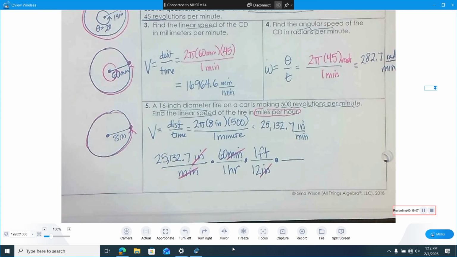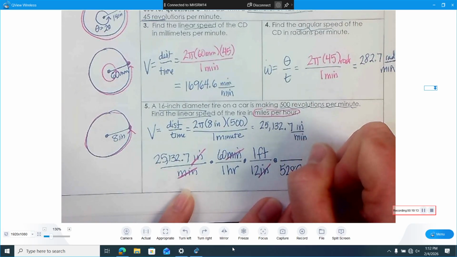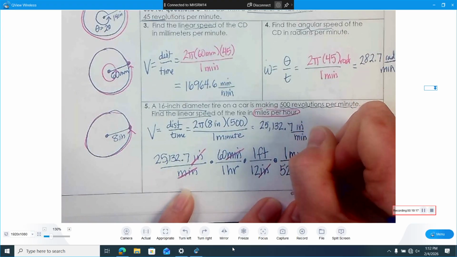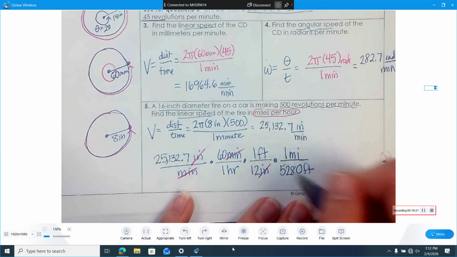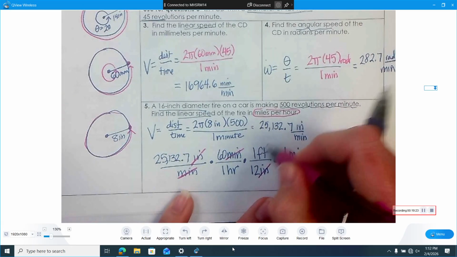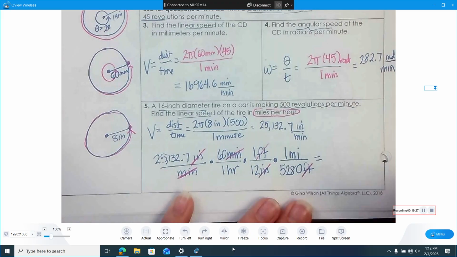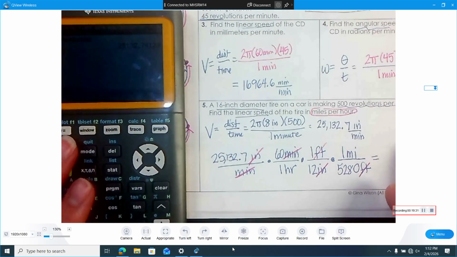Tell me what you know about miles. 5,280. 5,280 feet is 1 mile. Why did I put feet on the bottom? So it cancels with the feet on the top, and we're left with miles on top, which is what we want. Straight across, yes, multiply straight across.